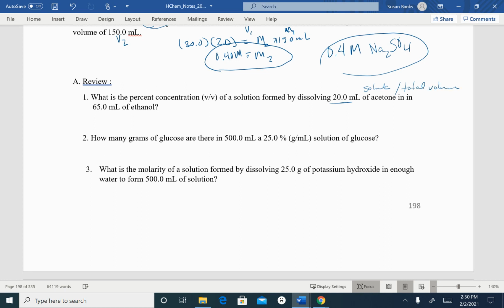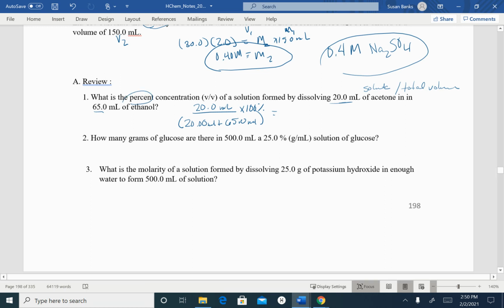Okay, so our solute is 20 mL of acetone, but our whole solution is our 20 mL of acetone plus the 65 mL of ethanol. So we're going to have 20 divided by 85, and we need to multiply it by 100 to get a percent, right?